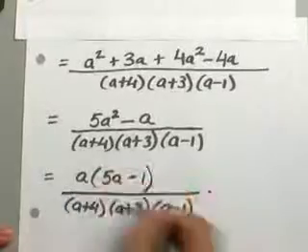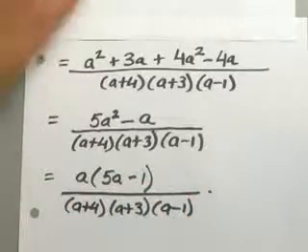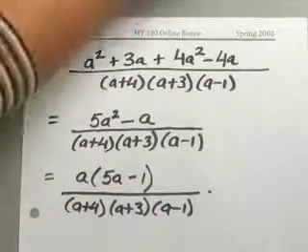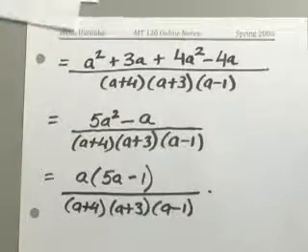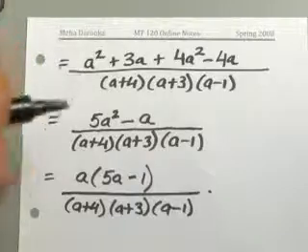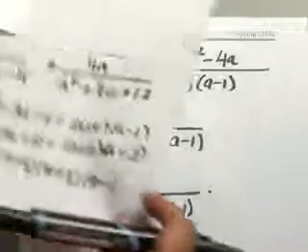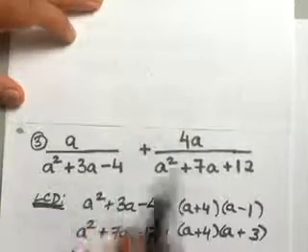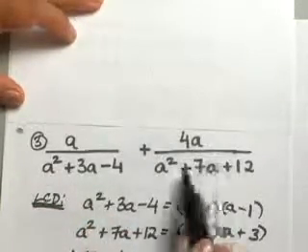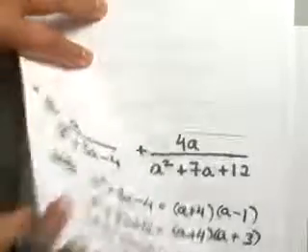So this will be your sum to your original problem that you started out with, where you were adding a over a squared plus 3a minus 4 with 4a over a squared plus 7a plus 12.